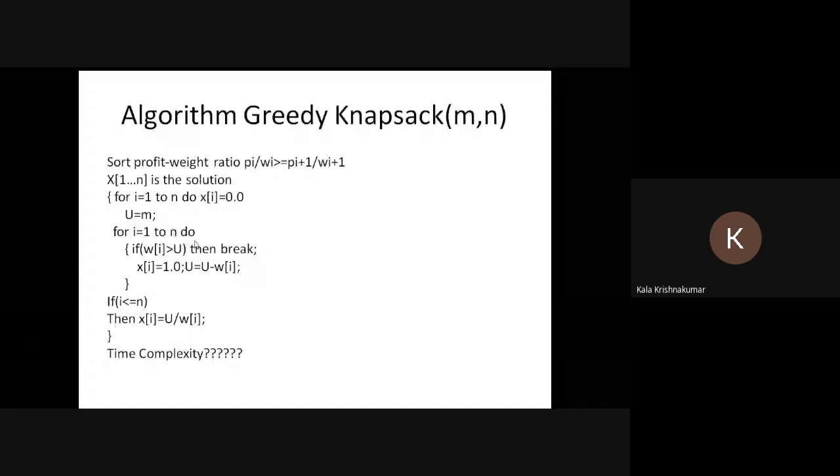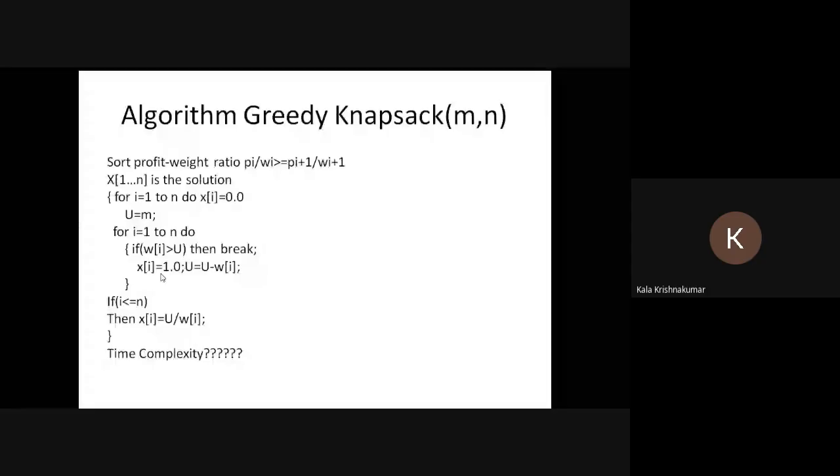Then for i equal to 1 to n, you pick each input and check whether it is feasible or not. If Wi is greater than u, where Wi is your weight, then you break.